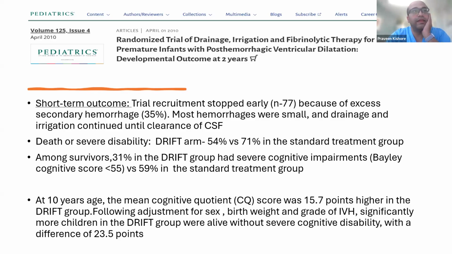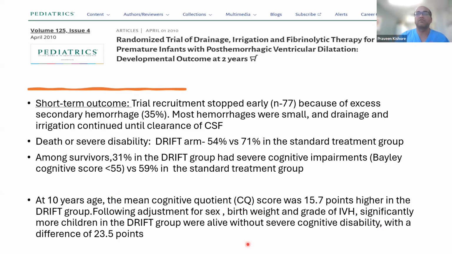Among the survivors, however, they found that there was a significant difference. Almost double the number of babies who survived had severe cognitive impairments if they were in the standard treatment group, that is, if they had not had the drift. At 10 years of age, again, they found that the mean cognitive development was much better in the drift group.